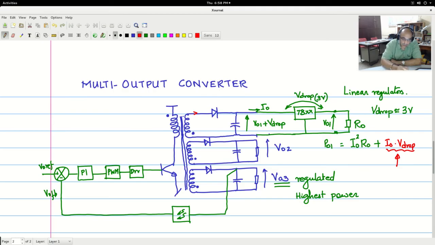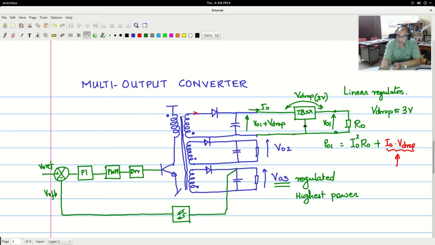Likewise, for this other winding too, you can put a 3-terminal regulator and accordingly adjust the output requirement of the DC-DC converter.